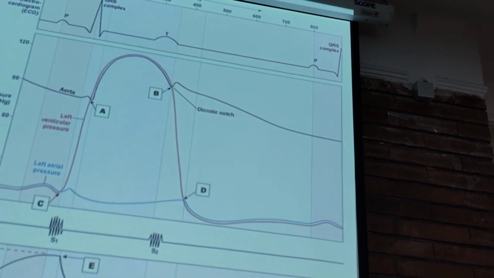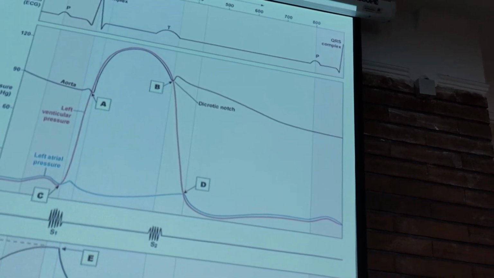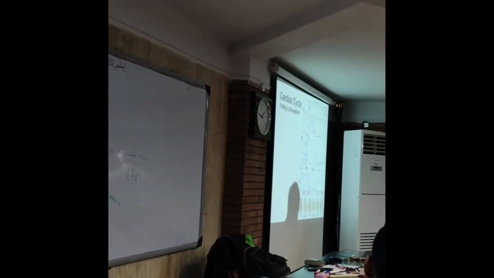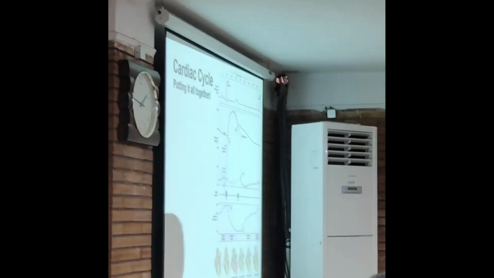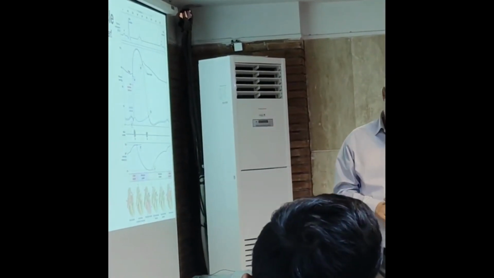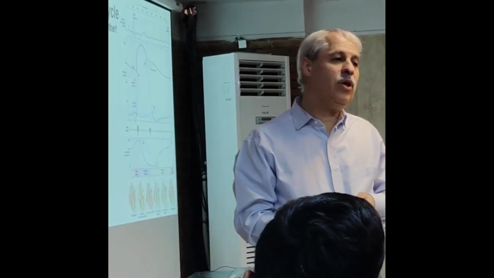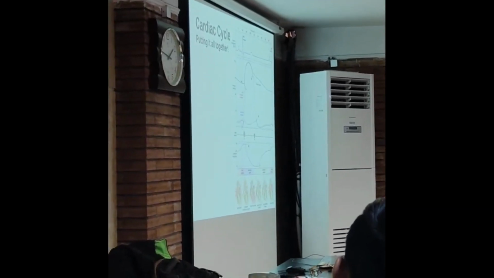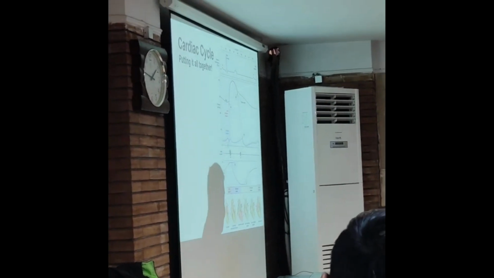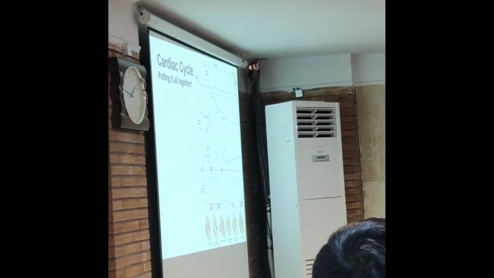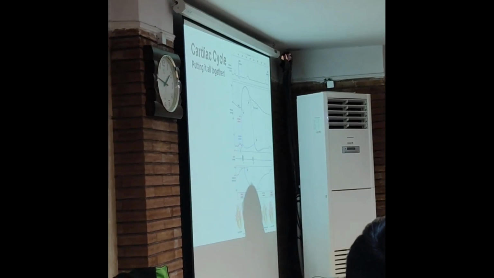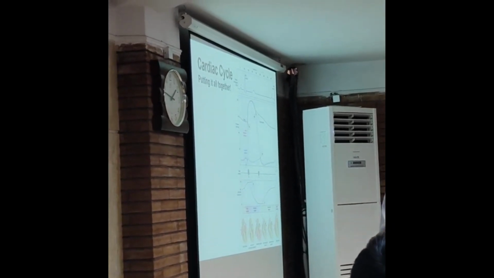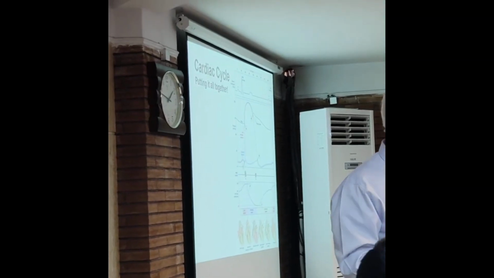The first heart sound is long with low pitch. The second, during the diastole, backflow of blood causes the aortic valve and pulmonic valve to be closed. This closure vibrates the blood and the tissue around it and makes the second heart sound.